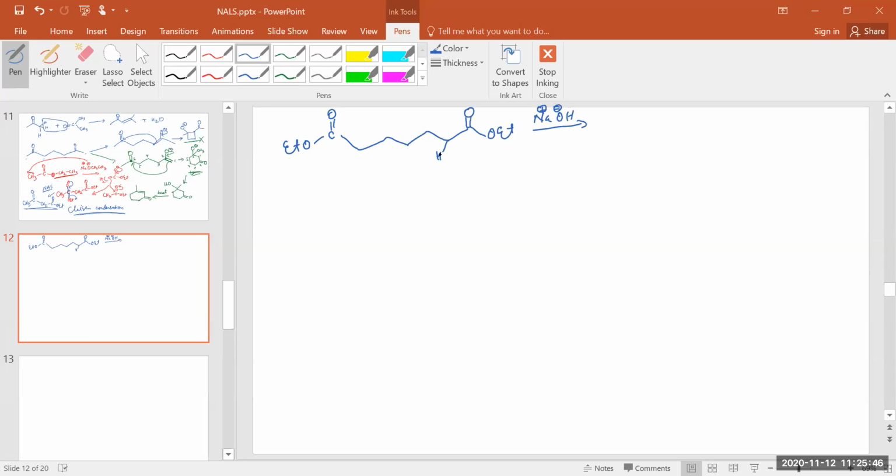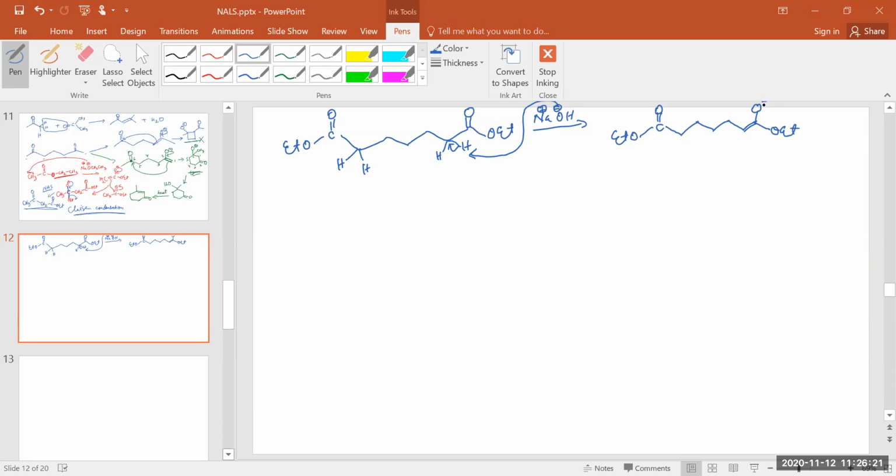Either you take this hydrogen or this hydrogen or this hydrogen. So enolate formation, and either side you make, it will be the same.